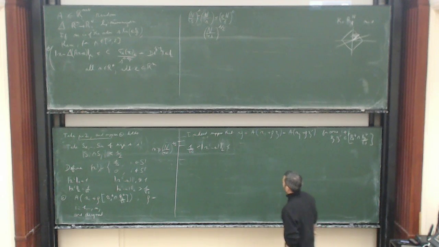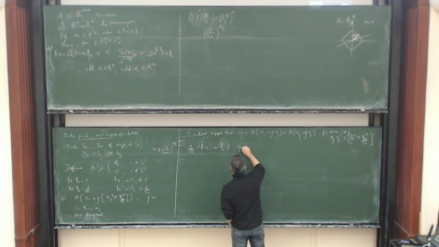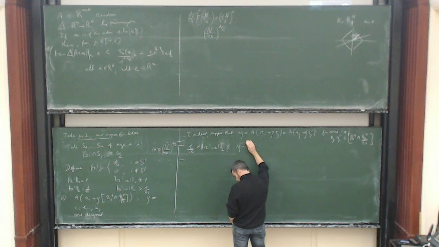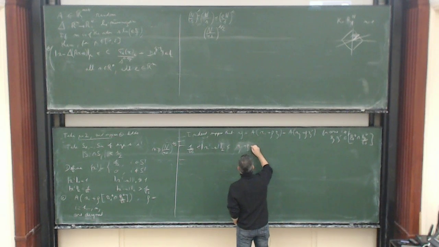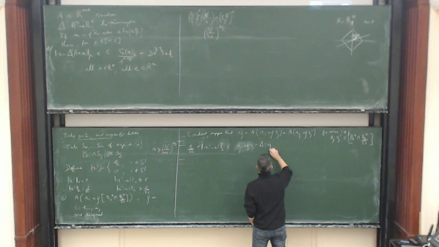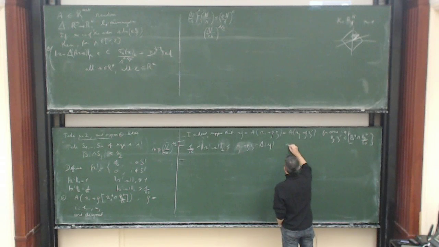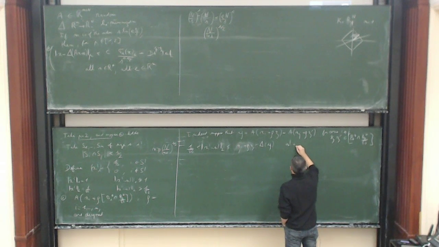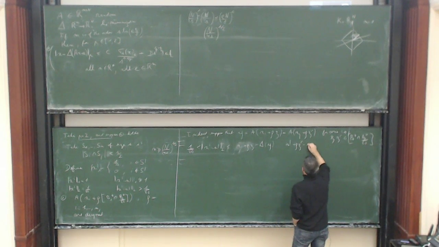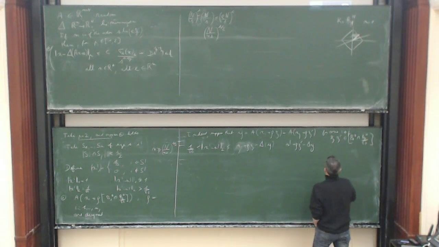I can write this as y minus delta of y, where delta is the reconstruction map, and so xi plus rho z minus delta y, and xj plus rho z prime minus delta y, and then rho z and rho z prime.